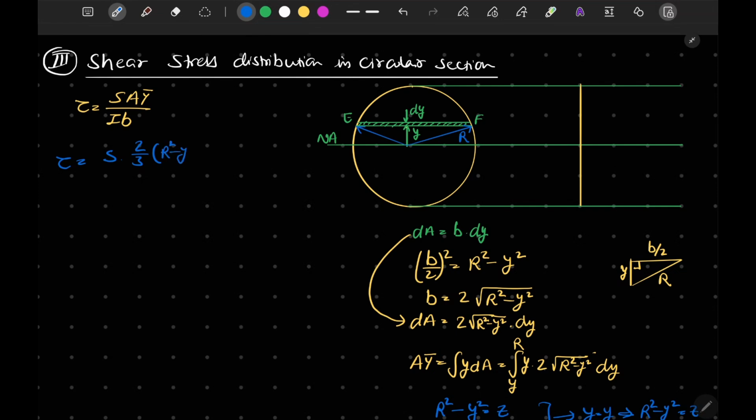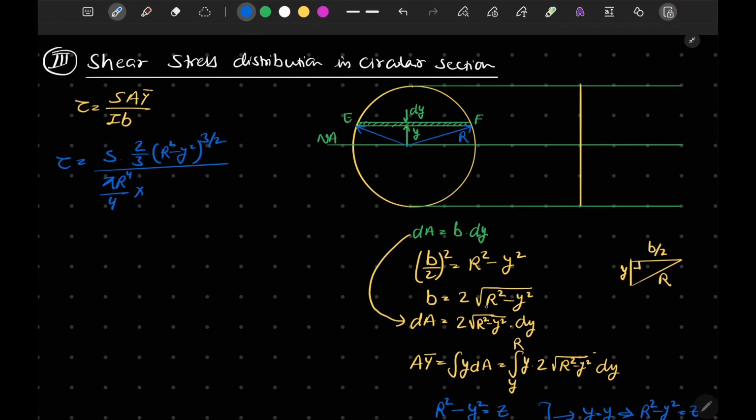Tau is equal to S, which will remain the same, times A·Y bar, which has become 2/3 times (R² minus y²) to the power 3/2, divided by our moment of inertia, which for a circle is πd⁴/64. If we convert it in terms of radius, it will become πR⁴/4, into b.